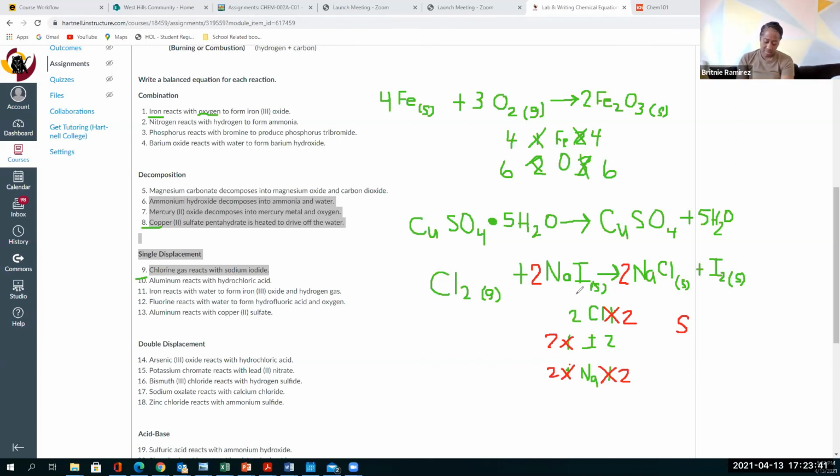Are we expected to put those subscripts for physical state on all of the equations? You should put them if you know them. Get in the habit of doing it because it's going to be important at certain points. So when we get into kinetics and stuff like that, that plays a part in what happens and how you determine the rate.